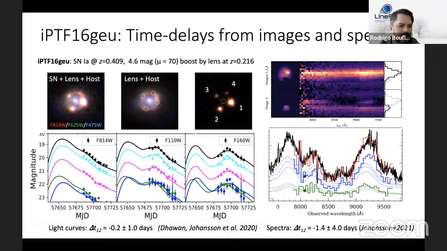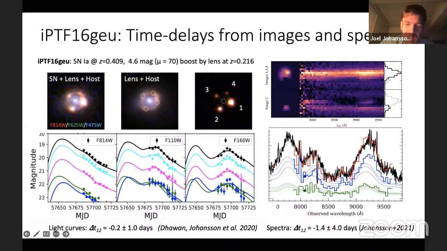And this other method is a bit more experimental. You would get, for instance, a spectrum of each of these four images. In the best of worlds, you would have a spectrum of the supernova at peak for image 1, and then image 2 would be the same supernova but 5 days earlier or something like that.